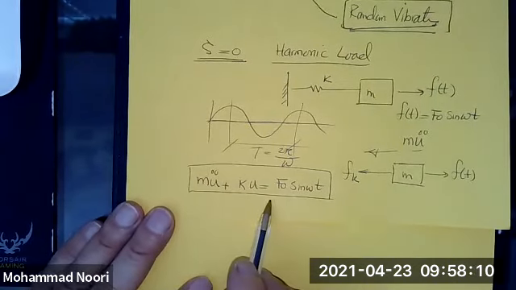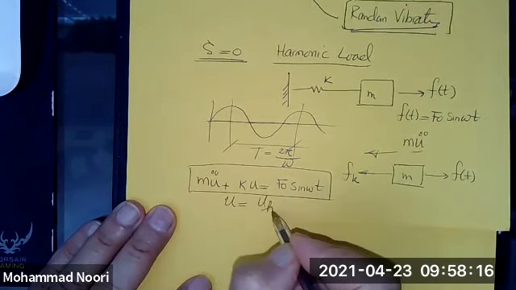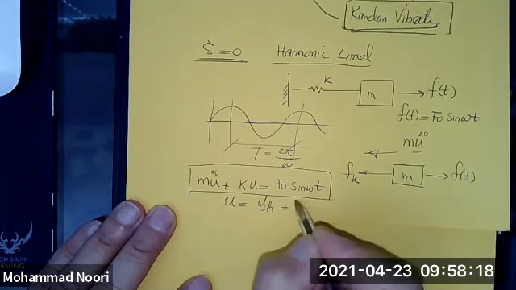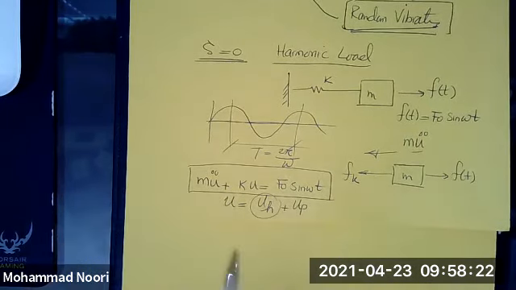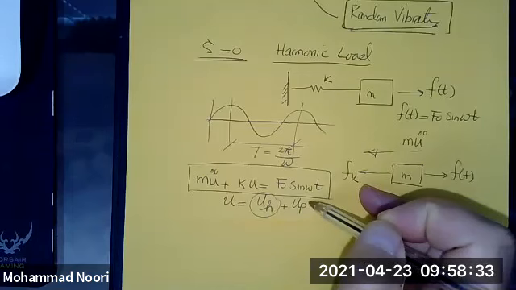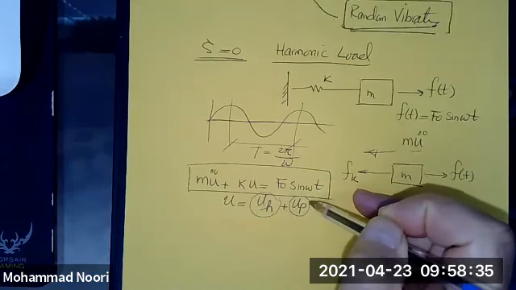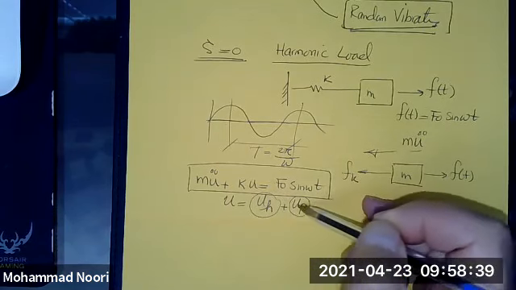This differential equation has a solution that consists of two parts, the homogeneous part and the particular solution. What was the homogeneous part? You set the right-hand side equal to 0, you find this, which is what we have done, free vibration. Then you consider the right-hand side and perform the solution.